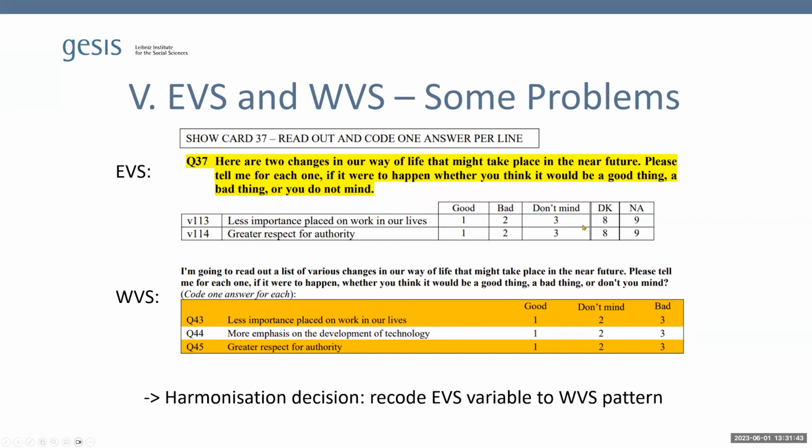What can we do with that? Well, as I said, we don't go very deeply into methodological considerations here. We very often take a simple approach. So in this case, we just recoded the EVS variable towards the WVS pattern and moved the don't mind response to the center of the scale and arrive at a common variable that is consistently harmonized.